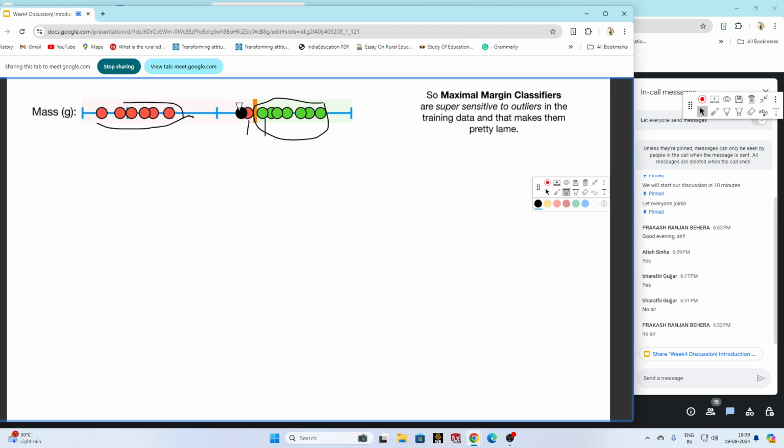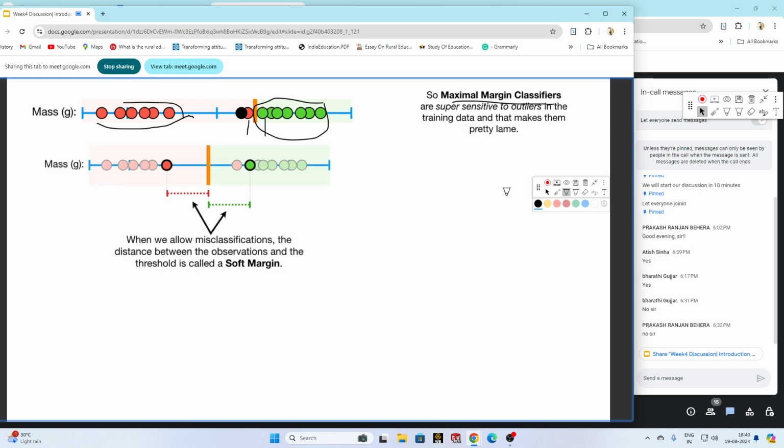Why? Because now you will predict it as non-obese, but it is very much closer to the obese class. So again there is a problem. Our maximal margin classifier is super sensitive to outliers.